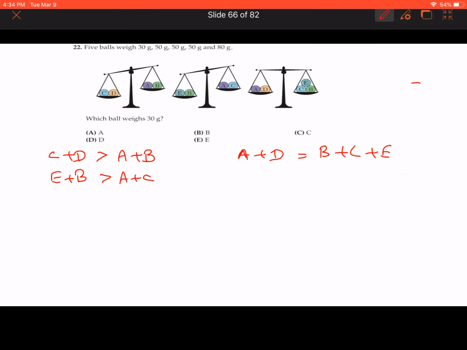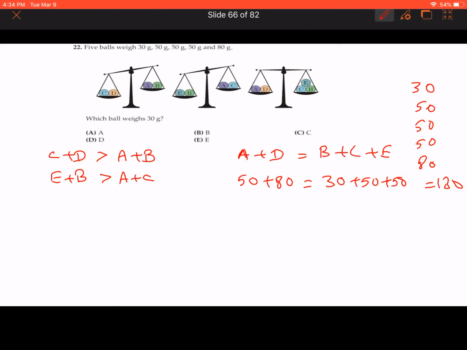Of the given values 30, 50, 50, 50 and 80, we just try to supply the values, and the only possibility I found is 50 plus 80, which is equal to 30 plus 50 plus 50. Both of them weigh 130, so the pan is going to be balanced.